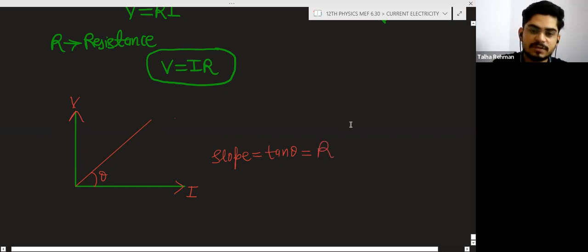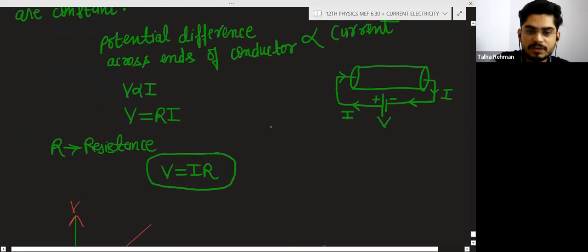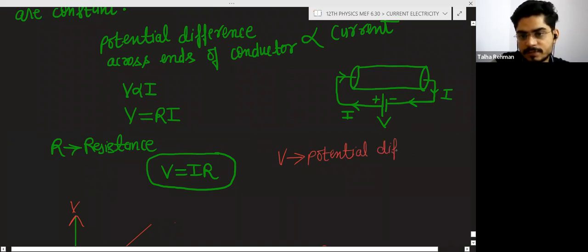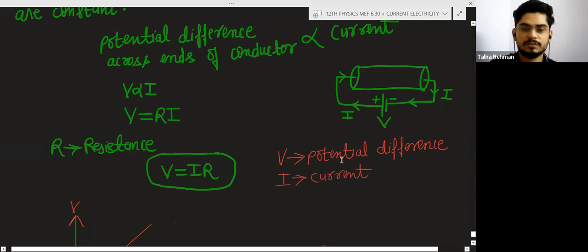R is the resistance. And please remember, V is the potential difference, not the potential. And I is the current.